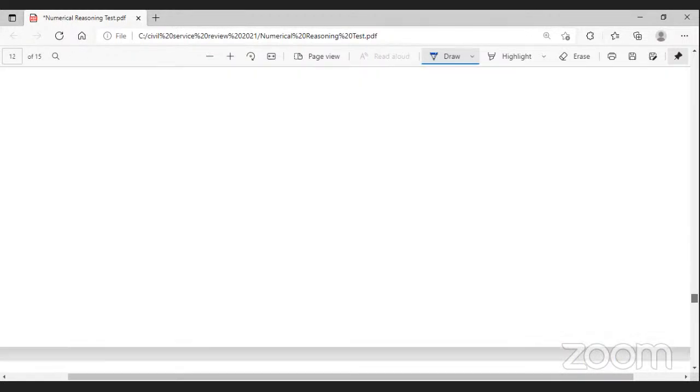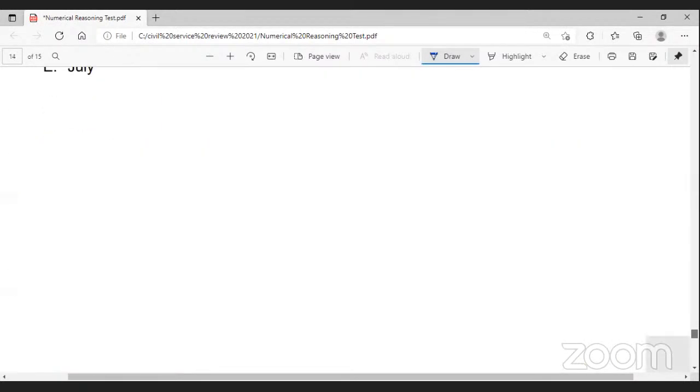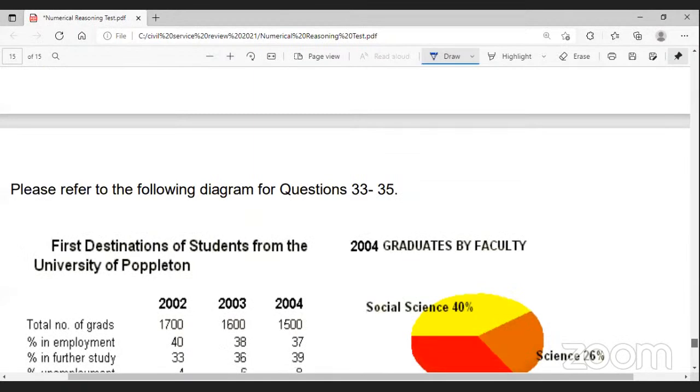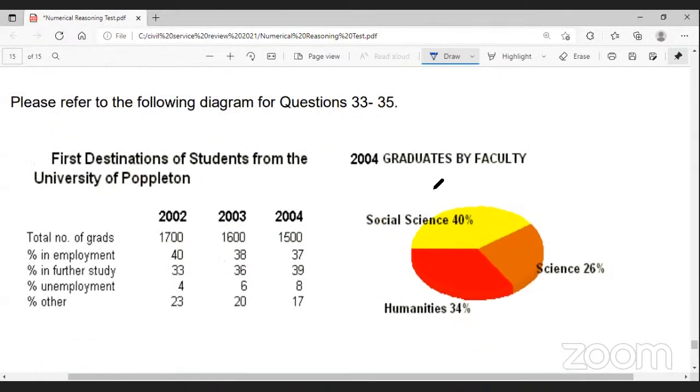I would like us to answer this one. Somehow may graphs naman. They are the graduates of a university. The number of graduates in 2002 is 1,700. In 2003, 1,600.